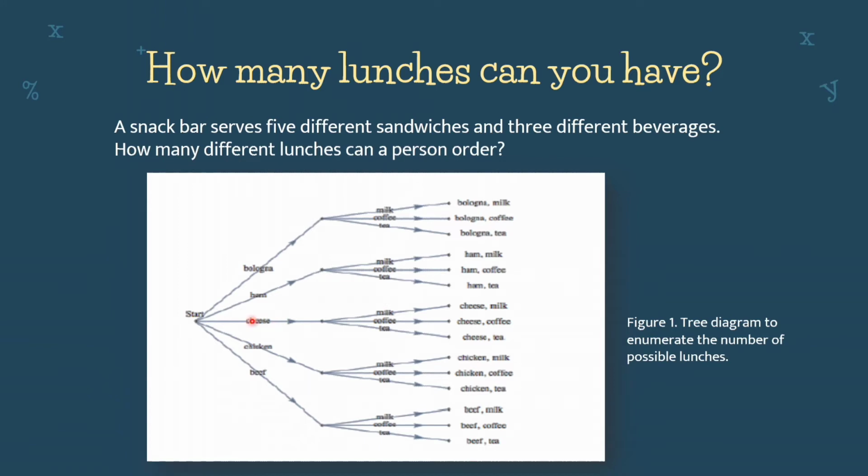Sa cheese, cheese and milk, cheese and coffee, cheese and tea. Then, sa chicken, we have chicken and milk, chicken and coffee, chicken and tea. And sa beef, we have beef and milk, beef and coffee, beef and tea. So, count that: 1, 2, 3, 4, 5, 6, 7, 8, 9, 10, 11, 12, 13, 14, 15. So, we have 15 different lunches that can be ordered.